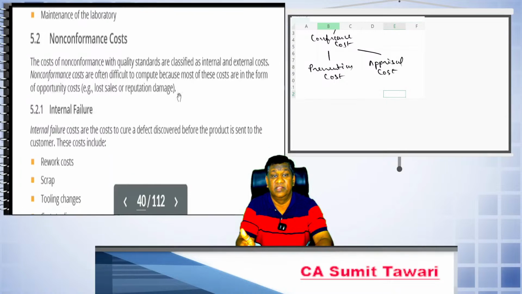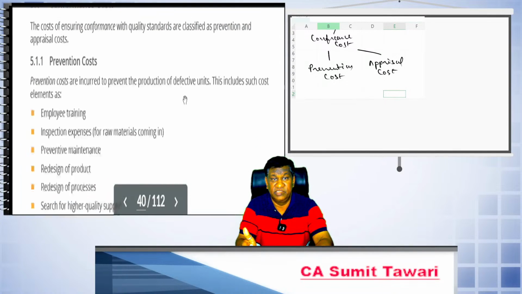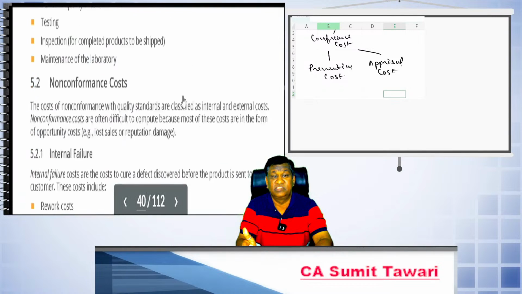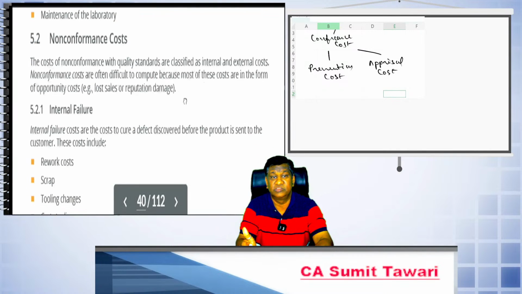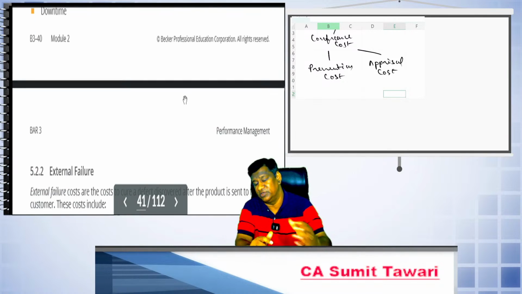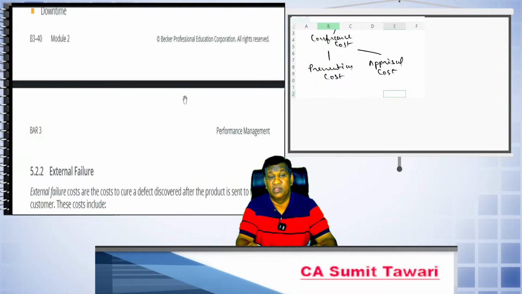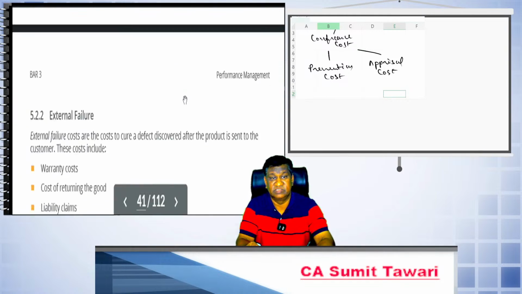In conformance cost, there is prevention cost and appraisal cost, and in non-conformance cost, there is internal failure and external failure. Internal failure is when the issue is detected in-house and we need to incur a repair cost. External failure is when the issue is detected outside and we need to incur the expenses.